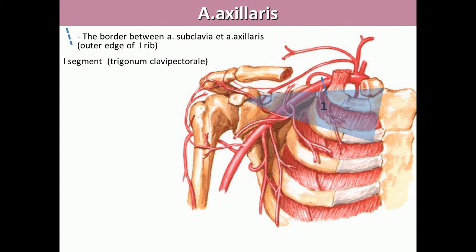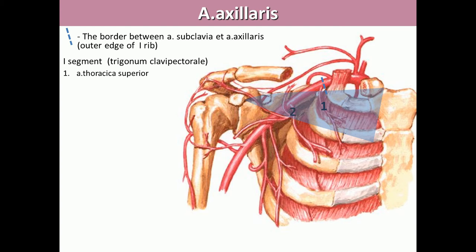And now we shall demonstrate this first segment, trigonum clavipectorale. In this trigonum, we can find vessel number one. It's arteria thoracica superior, which branches to the first and second inter-rib spaces and supplies with blood the soft tissues of this region.